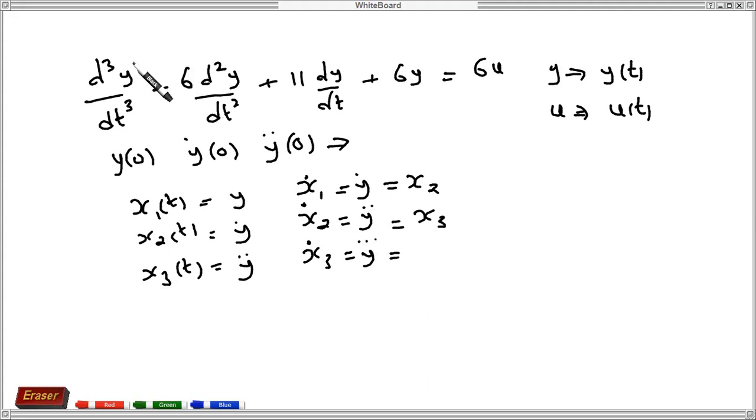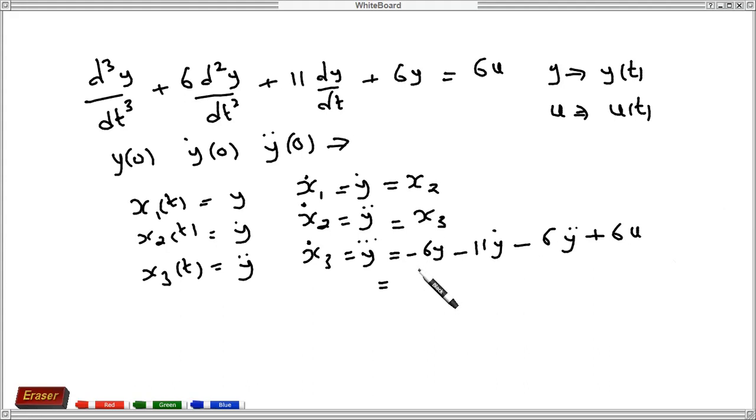From the differential equation, we can write y triple derivative by taking all the terms to the right, and we get minus 6y minus 11y derivative minus 6y double derivative plus 6u.